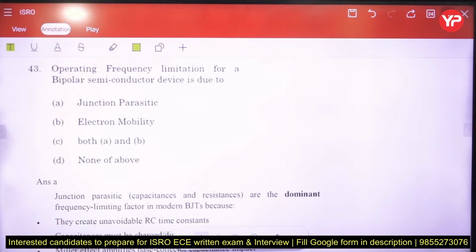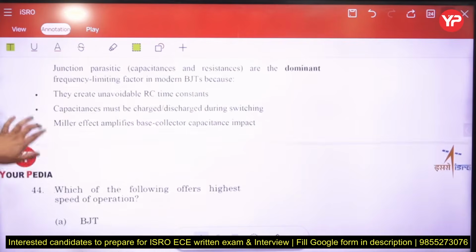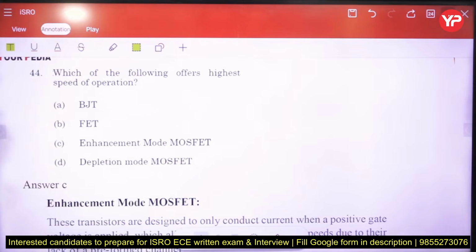Operating frequency limitation for a bipolar semiconductor device is due to, see, basically whenever we are limiting the operating frequency at higher frequency, the gain of the transistor will decay due to the junction's parasitic capacitance, right? So junction parasitic capacitance will limit your operating frequency, right? Which of the following offers the highest speed of operation?